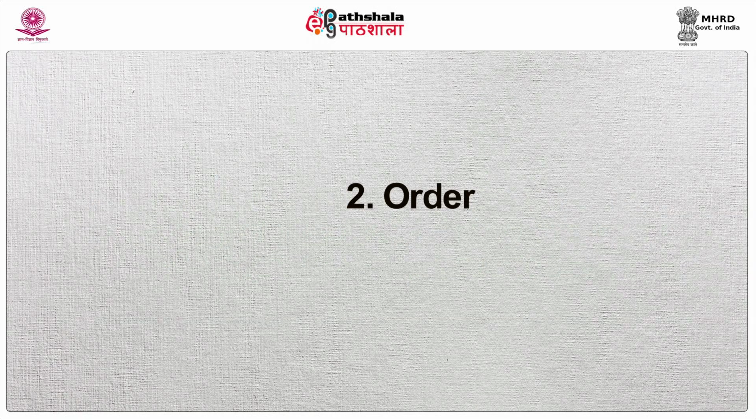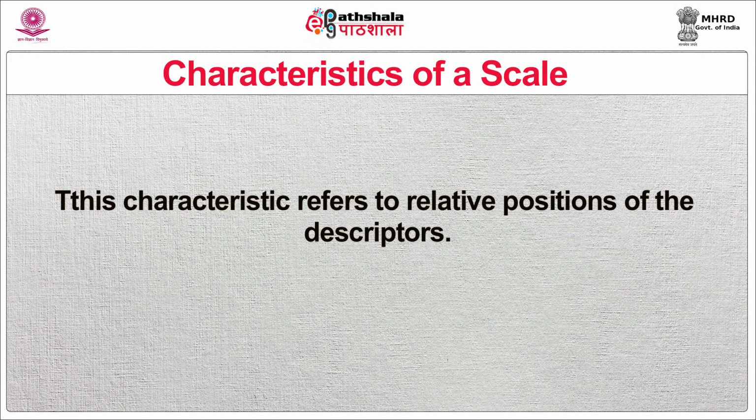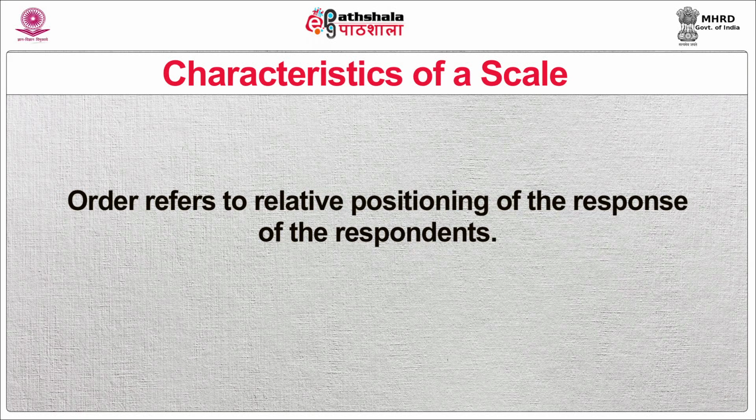Second, order. This characteristic refers to relative positions of the descriptors. Order refers to relative positioning of the responses of the respondents. For example, a scale could be constructed so that one response is greater than or less than the other one. Therefore, if a scale has order, the respondent could express their preference for a destination in terms of most preferred to least preferred.